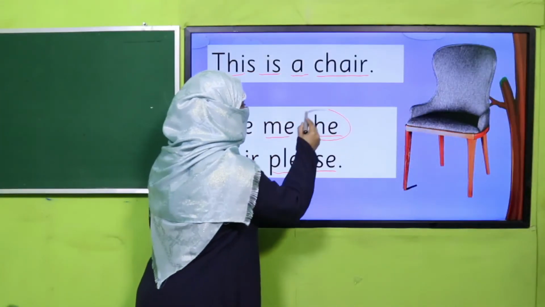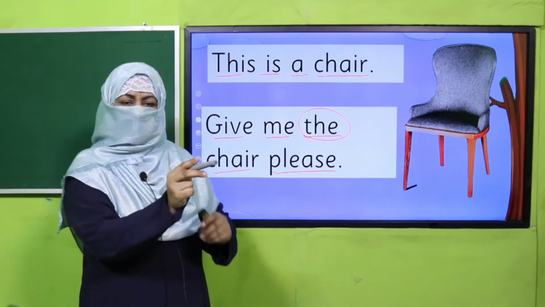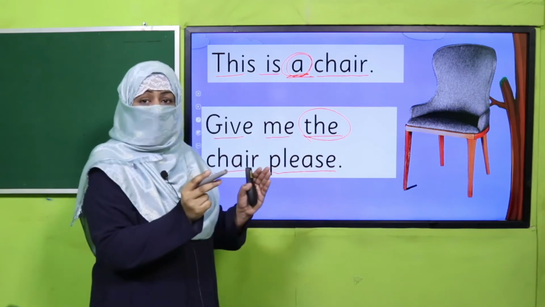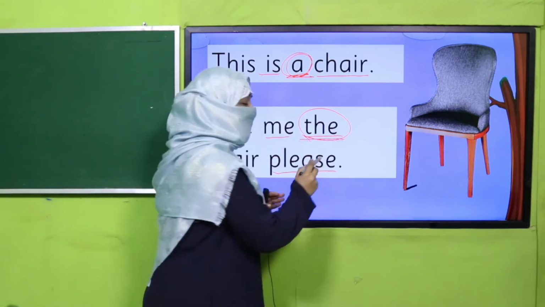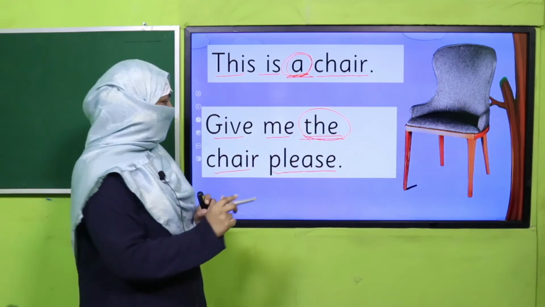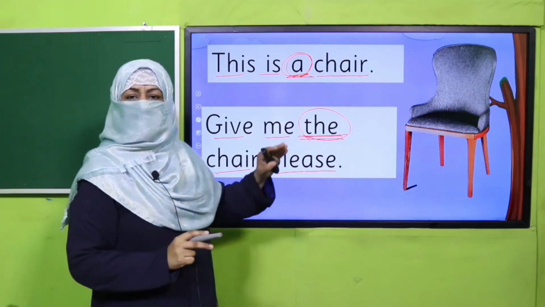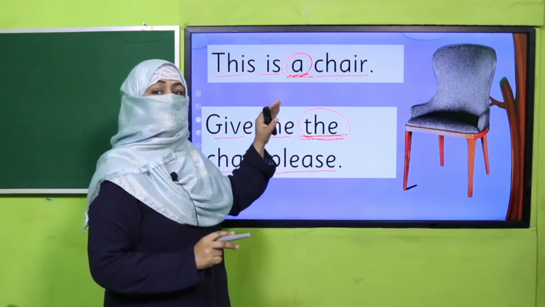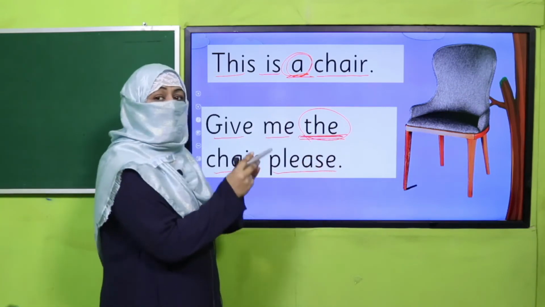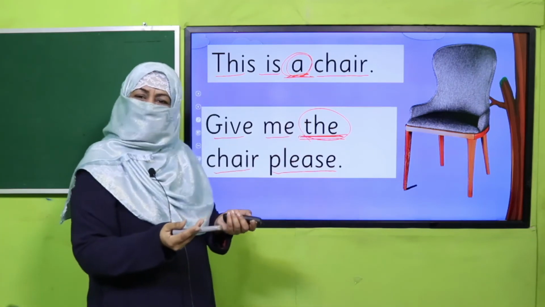The chair means the chair I'm pointing to, maybe the chair that is available. So this is an indefinite article, which means any, or this is a definite article, which means the specific one I'm talking about. Give me the chair please. Okay, so beta, this is how we differentiate between these two articles. When we use the, it makes it a specific one, and when we use a, it means any. It is in general.